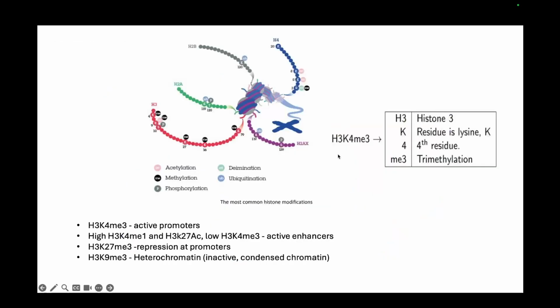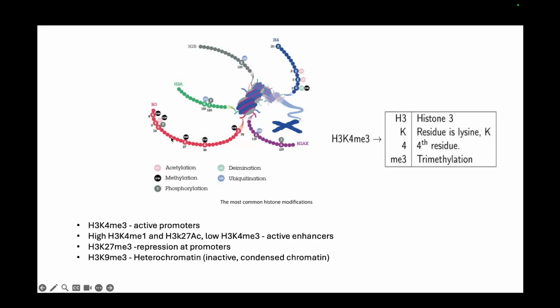Okay. So, as I was talking about, there can be different types of patterns of this particular methylation. There can be particular methylation patterns inside the DNA, which regulate basically the accessibility of the DNA for transcription.